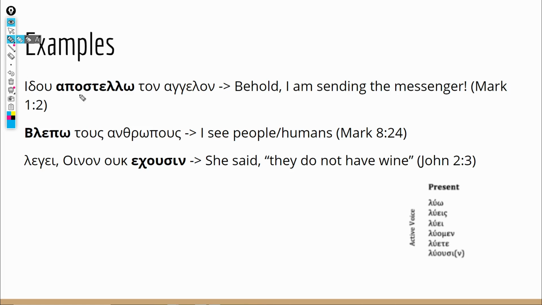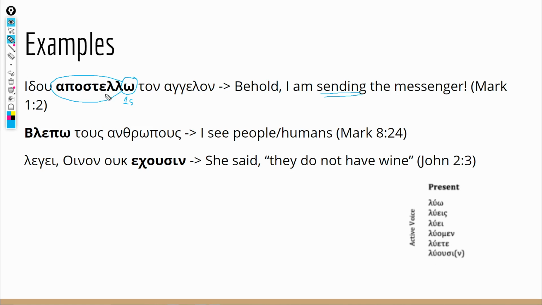In bold here I have the verb, sending, right? So you look at this again, isolate these two from each other. We have the stem and the ending. O, that's why this is first person. We can identify this as first person singular.